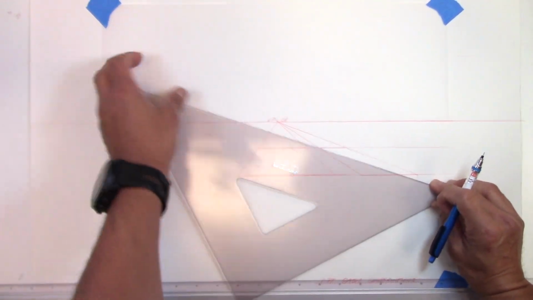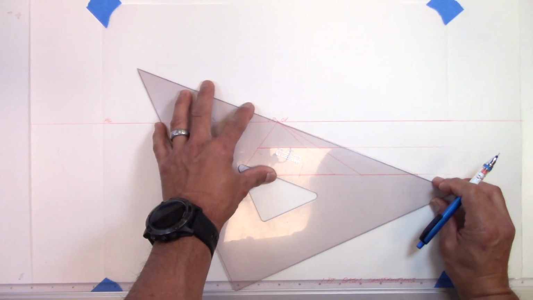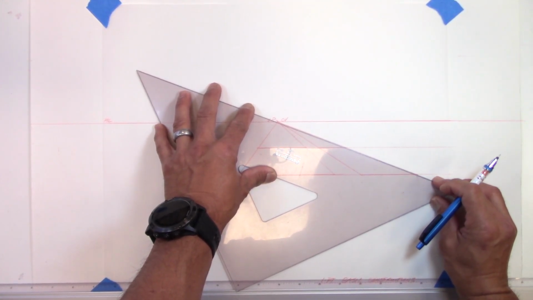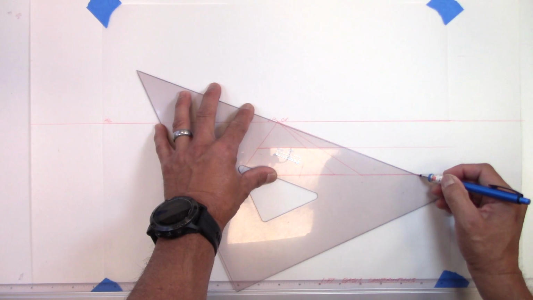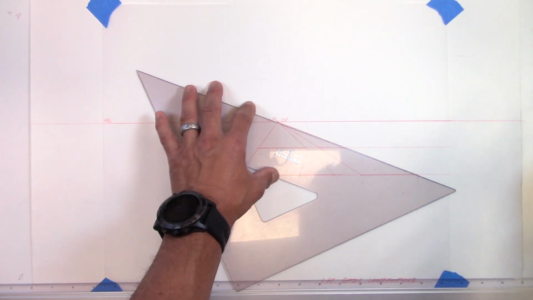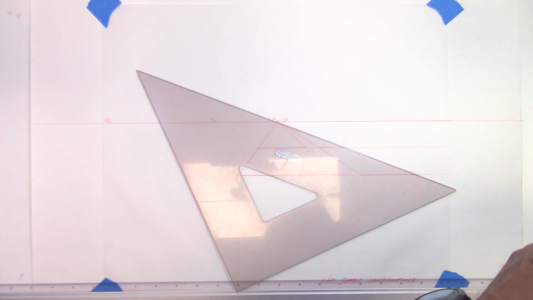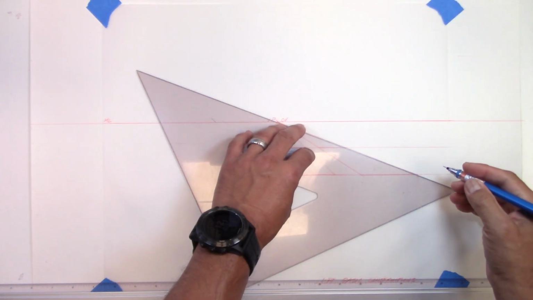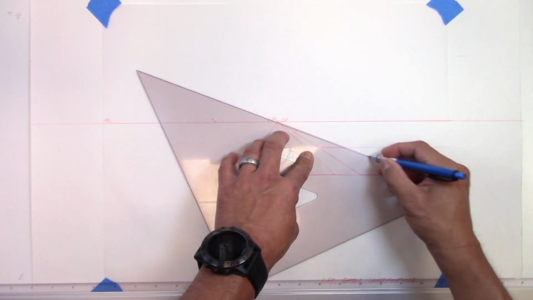And when I think the shape is good enough, when I want to finalize it, I will line up to the vanishing point and I'll draw a harder line.